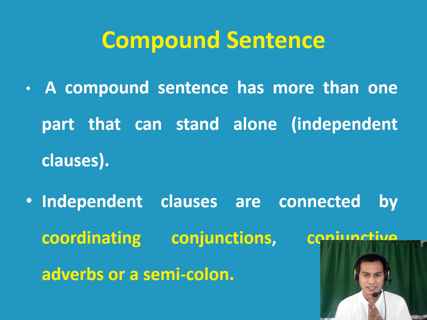Two simple sentences make up a compound sentence. A compound sentence has more than one part that can stand alone, or we call that the independent clause. Now, independent clauses are connected by coordinating conjunctions, conjunctive adverbs, or a semicolon. These are the ways on how to make a compound sentence.